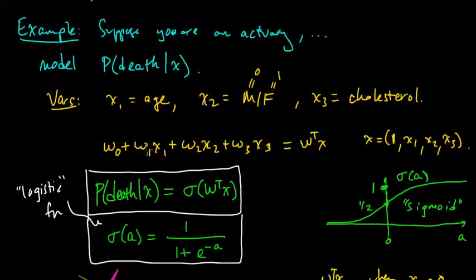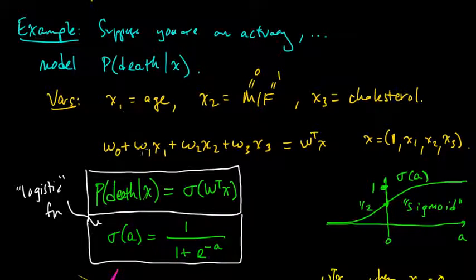And if that coefficient is negative, then the probability is decreasing as that variable increases. So the coefficients tell you something about how the individual variables are affecting the probability. And that's a very nice thing, because after you get the coefficients, you can interpret what the variables are doing.